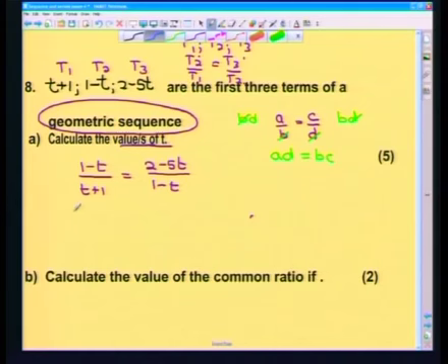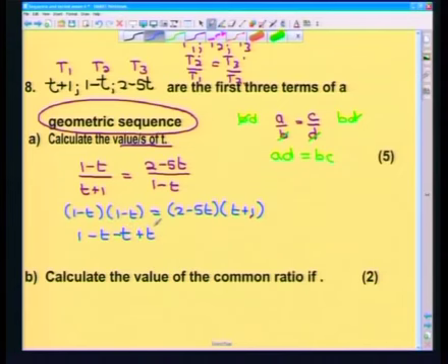Right, so doing that, I've got 1 minus t times 1 minus t equals 2 minus 5t times t plus 1. Good, so now we're going to get to practice our distributive law. And so we're going to say that times that is 1, that times that is minus t, that times that is minus t, and that times that is plus t squared.